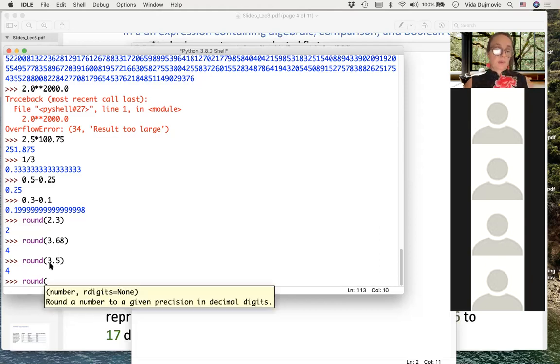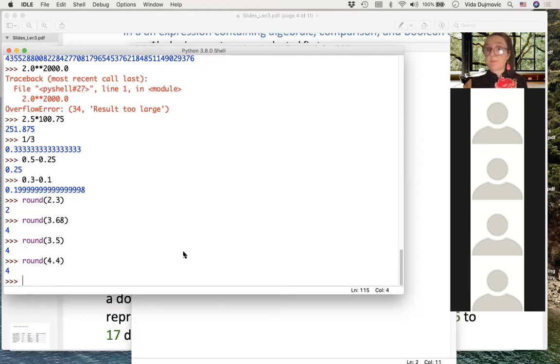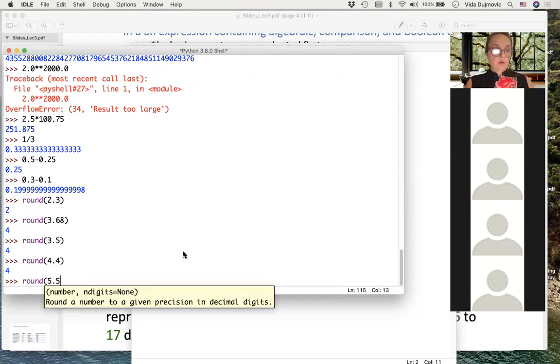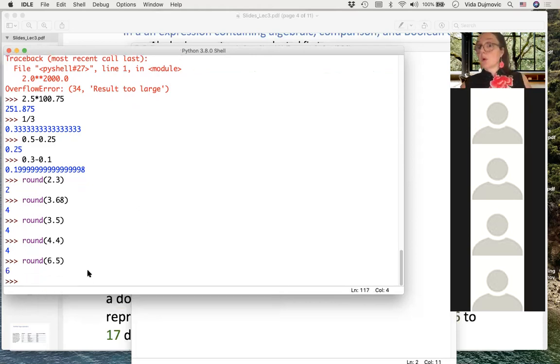And if the integer part is even, then you round to the lower number. Okay, so, sorry, let's say 6.5. Here I put 4. It should round it to a lower number. That's if you give the round function one number. It's going to round it to the closest integer.